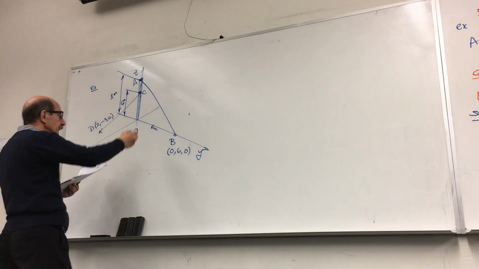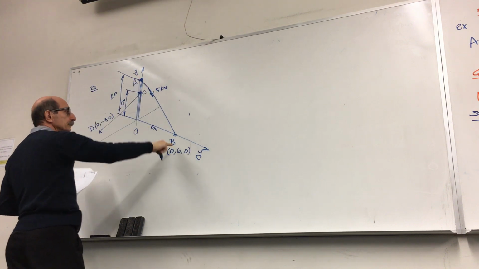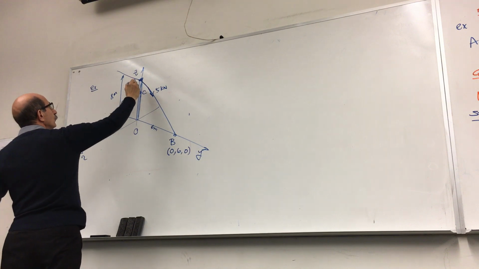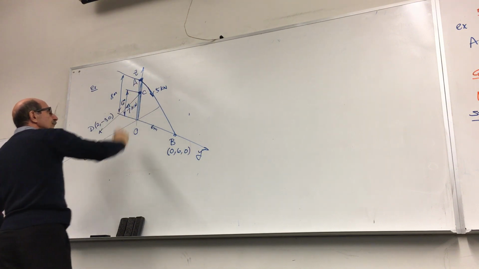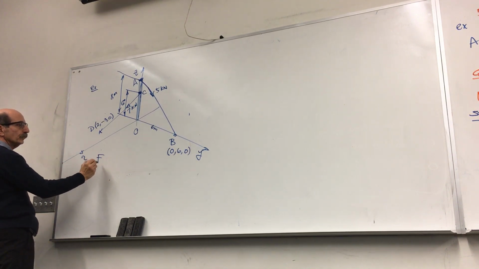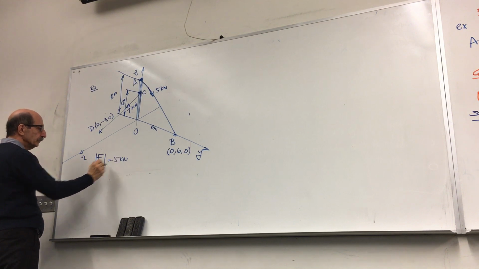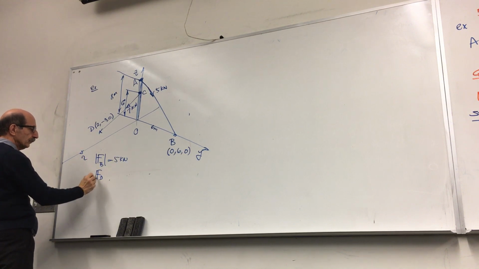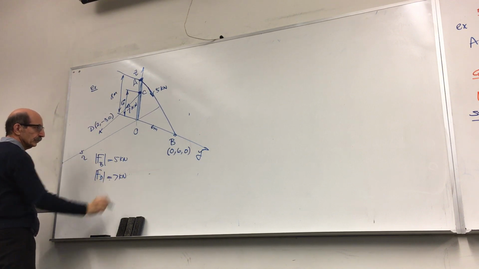The problem states that a force of 5 kilonewton is acting along AB, and a force of 7 kilonewton acts along CD. So the force along AB has magnitude 5 kilonewton, and the force that acts along CD is 7 kilonewton.